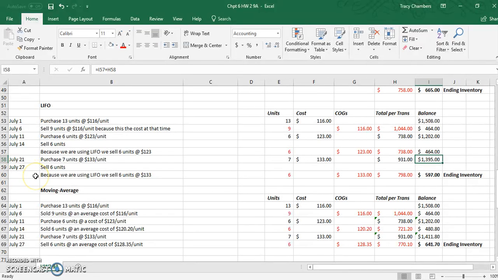And because we're using LIFO, we sell them at the last purchase price, which is $133. And we purchased 7 of them. We're only selling 6 of them. So we sell 6 at $133, gives us a transaction of $798. Subtracted from our previous balance gives us an ending inventory of $597.